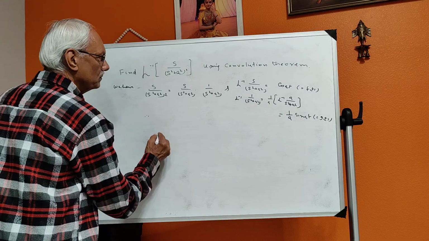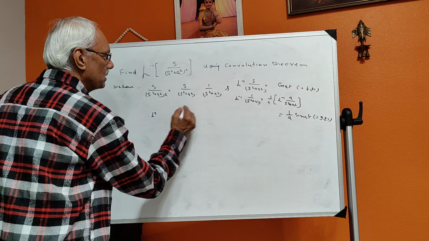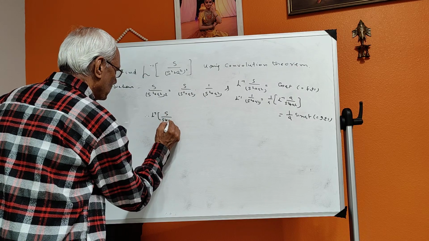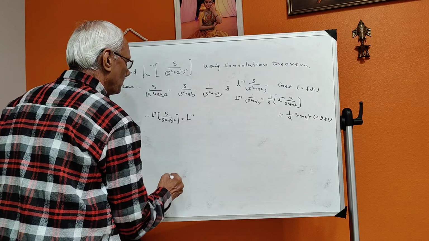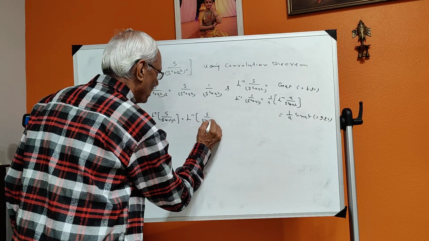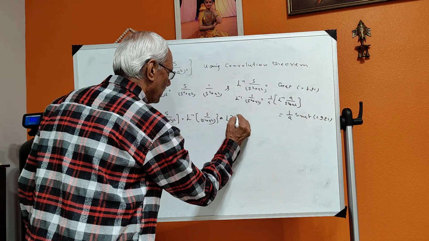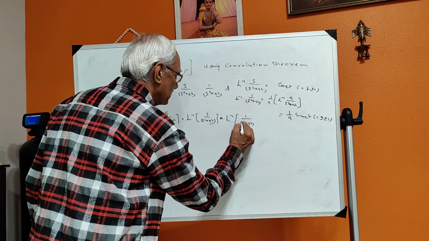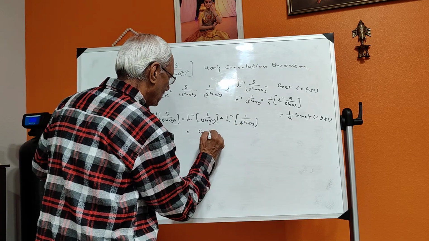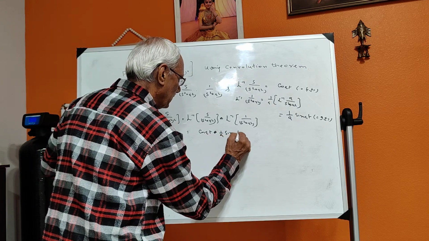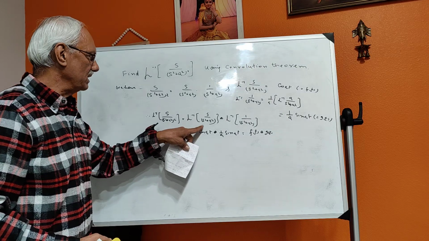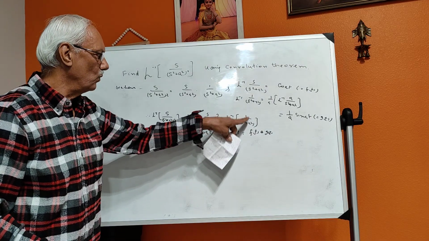Therefore, L minus 1 of s by s squared plus a squared, convolution, 1 by s squared plus a squared, that is equal to f of t convolution g of t.